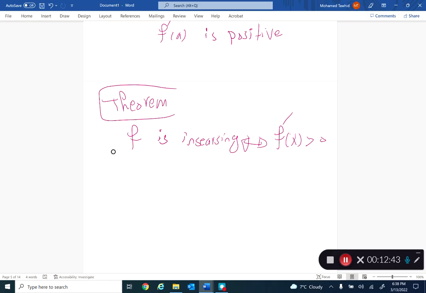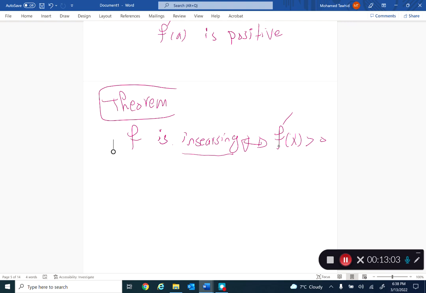You could have strictly increasing when you have greater than 0. If you have greater than or equal to 0, it is acceptable because it's increasing. If you would like to call it strictly increasing, then you have to take strictly positive.